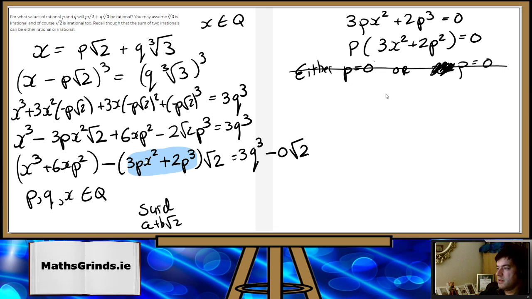So that just kind of forces p to be 0. Now to figure out what the q is. If we go back here, we can say now that this piece should equal this piece, but we know that p is 0, so we get x cubed should equal 3q cubed.